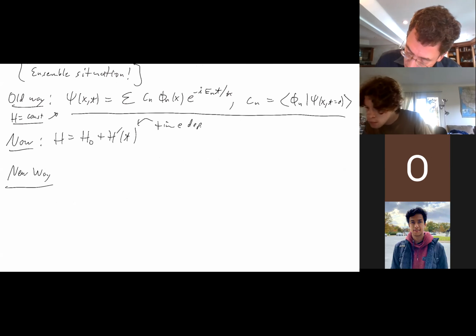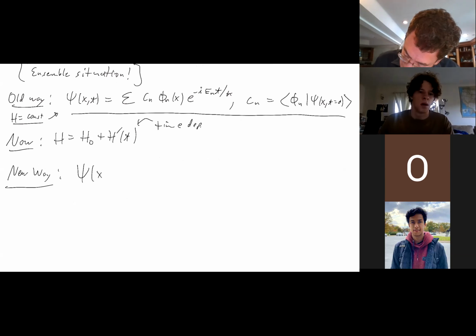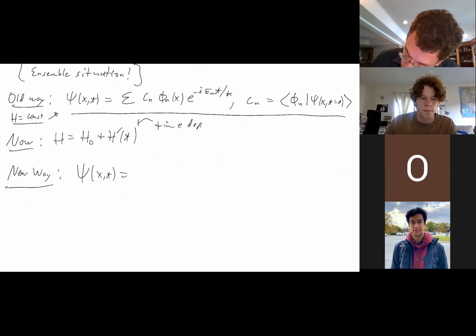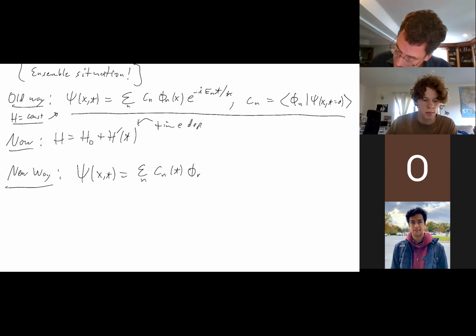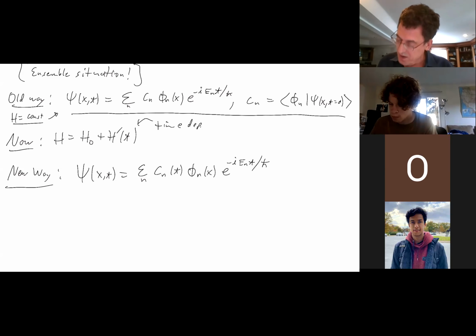And so what we do is we can write the new wave function like this. Psi of x, t is equal to the sum over n, but now we're going to have c_n of t, phi_n of x, e to the negative i E_n t over h bar.